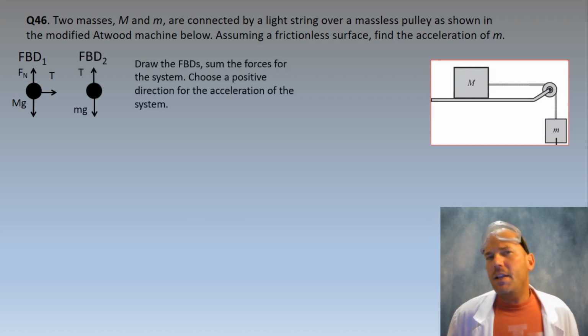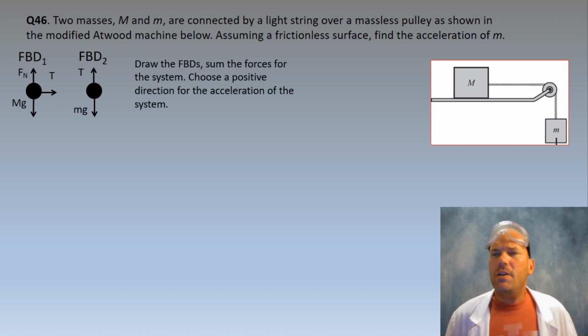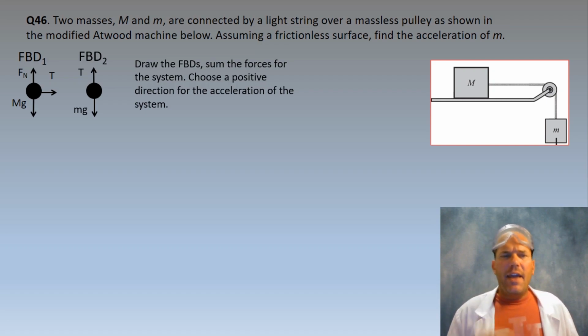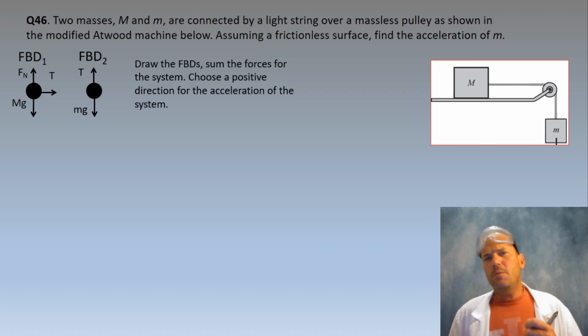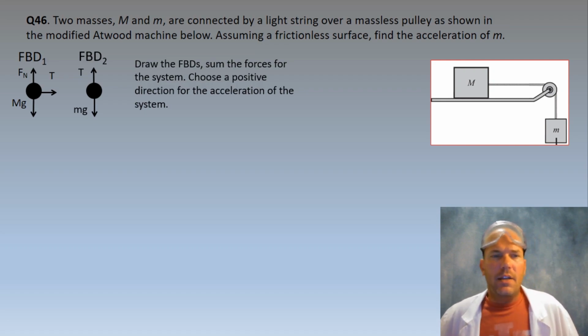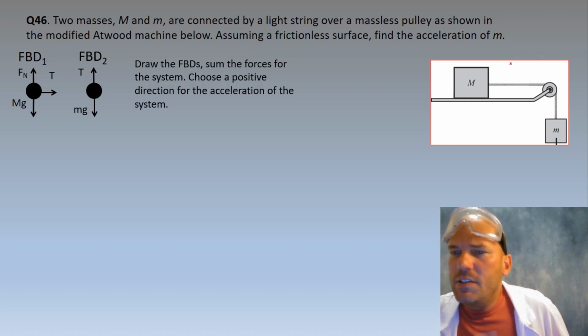If we look at free body diagram 2 for the smaller object, we only have two forces acting: mass times gravity, and then that force of tension, which will be equal in magnitude and opposite in direction to the other force of tension, because this is the same string, and thus the force of tension is the same throughout. We're going to choose a positive direction, and if this accelerates, we're going to see this.